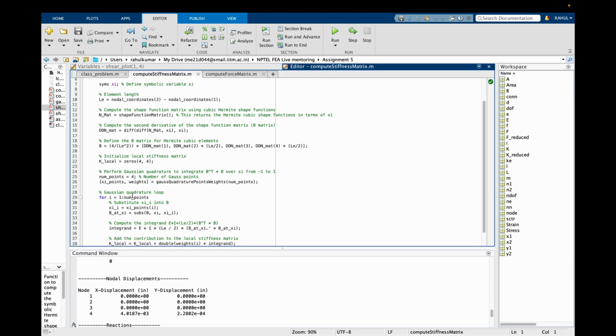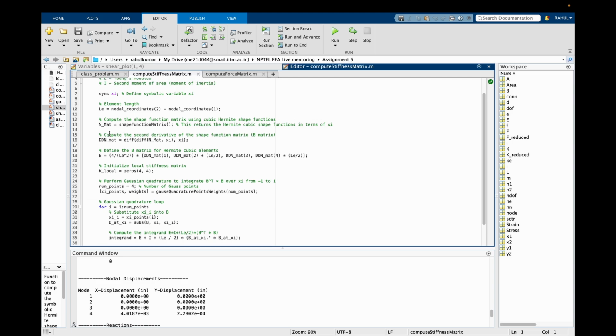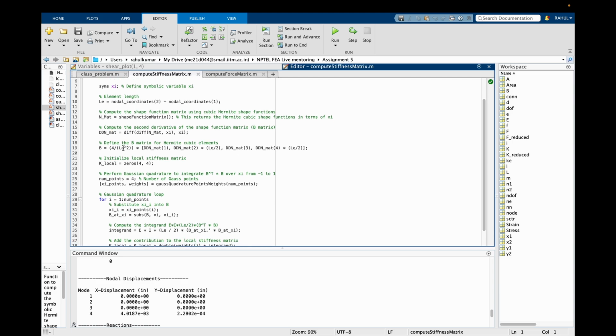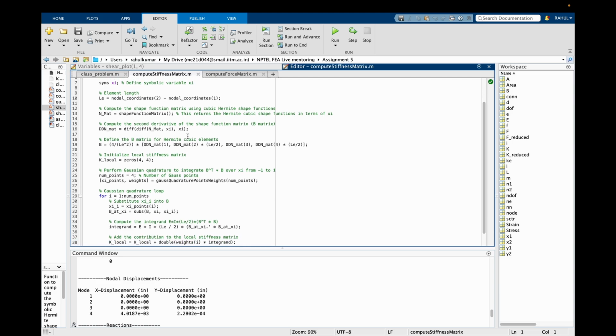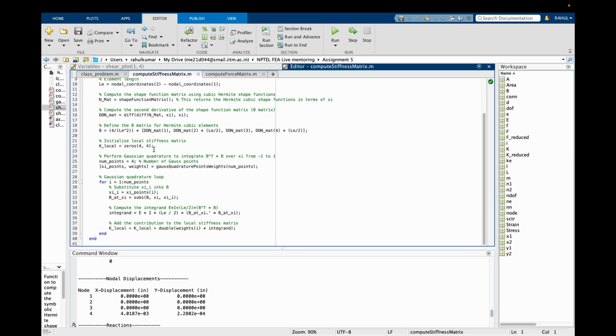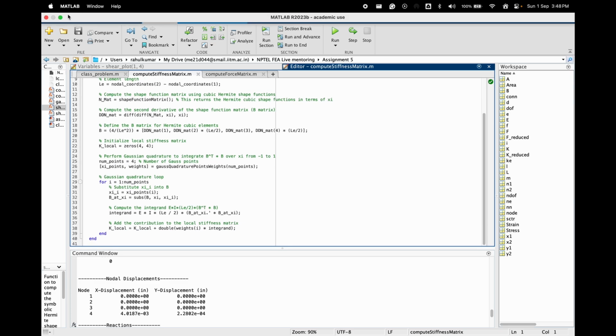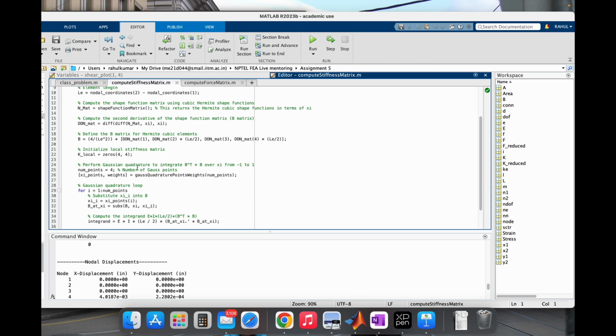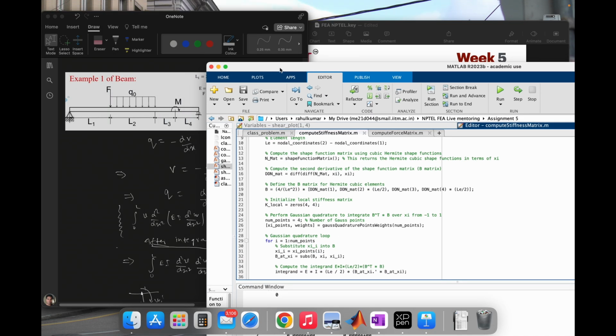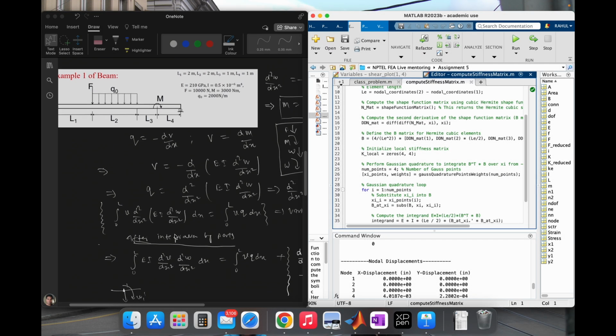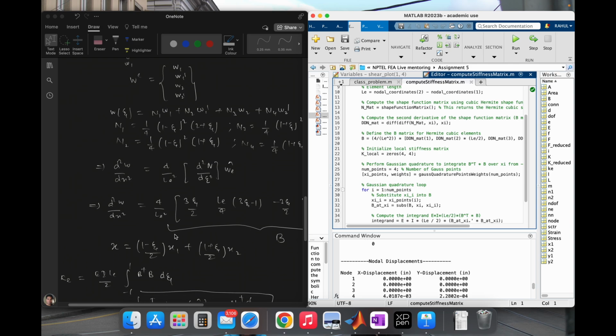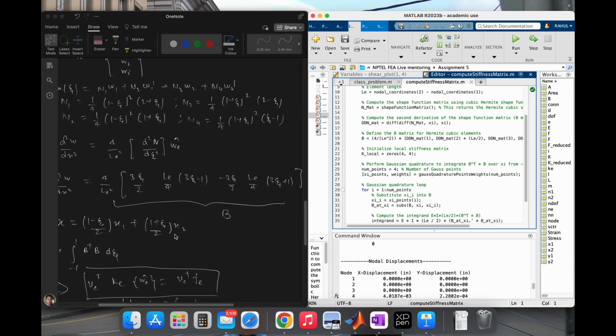After getting the shape function matrix, we also need to differentiate the shape function matrix twice. That's why I have written this, and this is the B which we have already written.